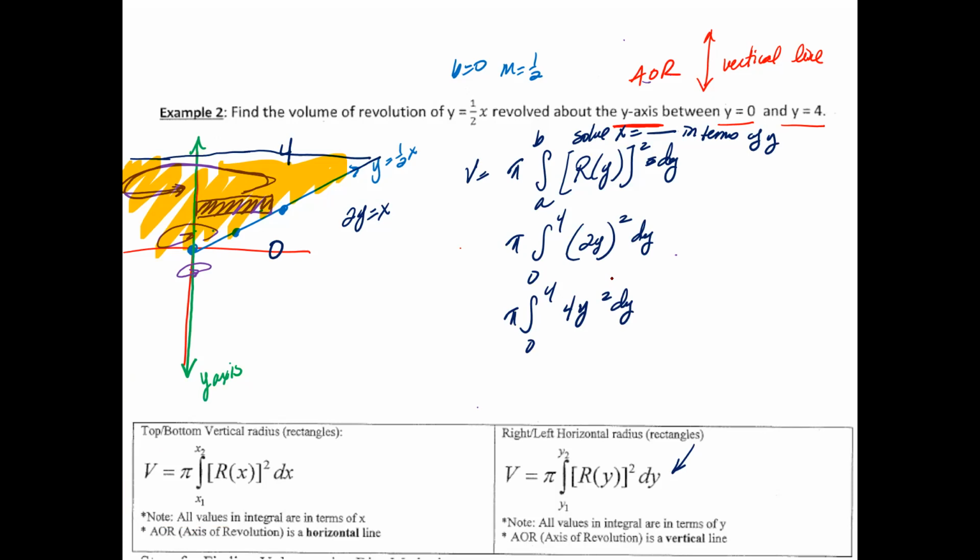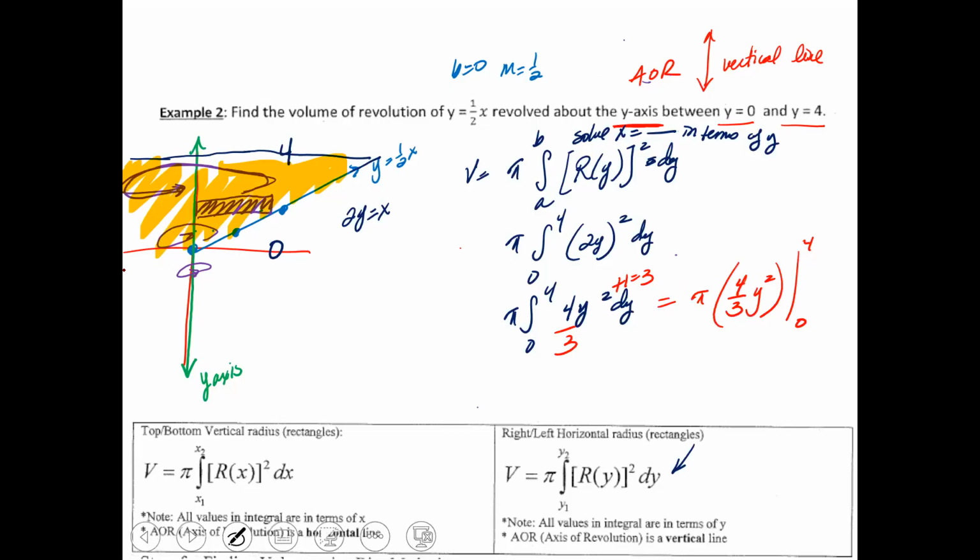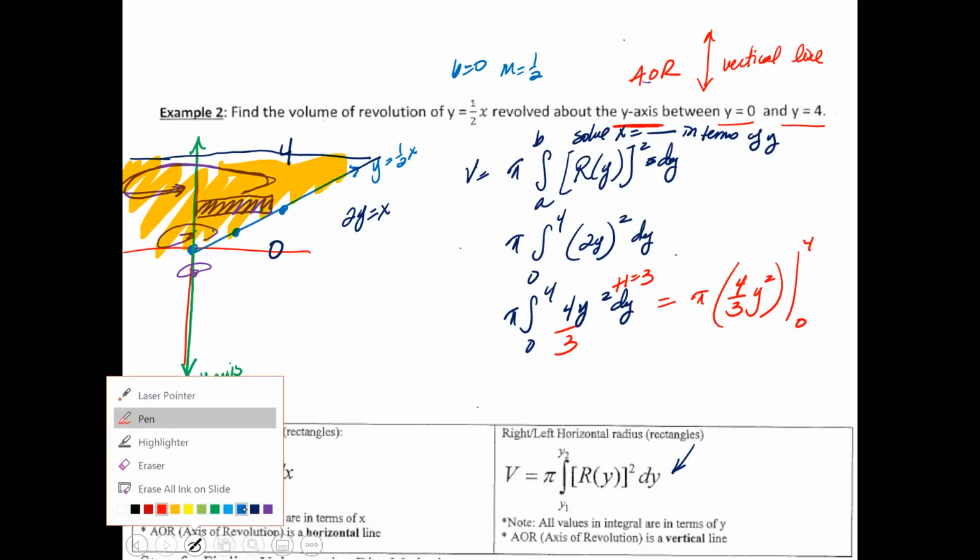So let's go ahead and integrate this then. If I integrate this, 2 plus 1 is 3, divided by 3, so that's going to be pi times 4/3 y cubed, evaluated between 0 and 4. Okay, so let's go about doing that.